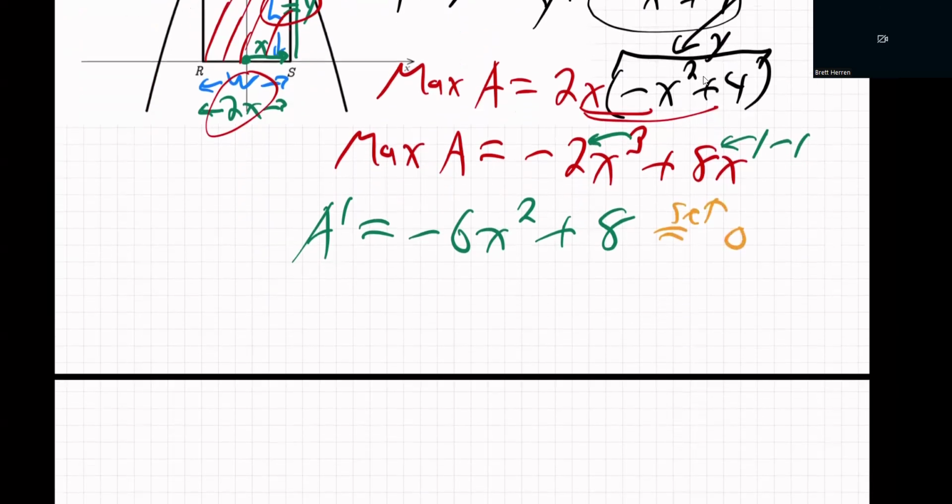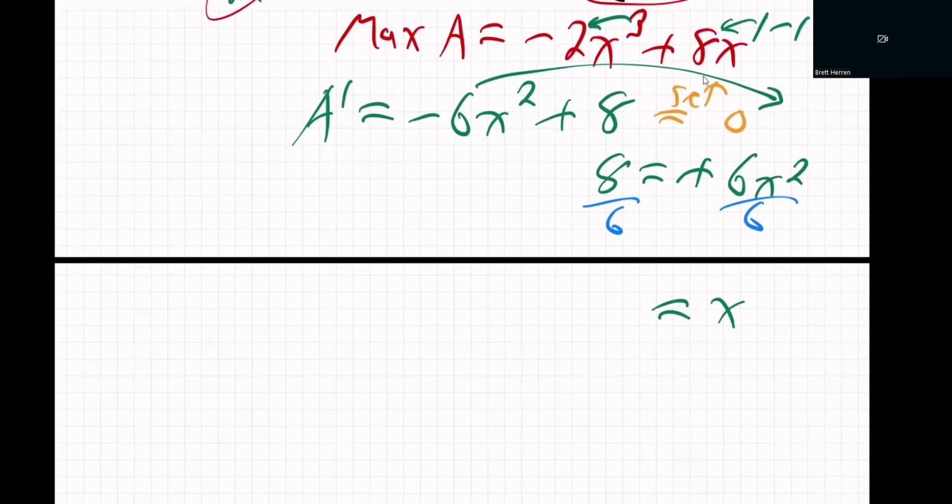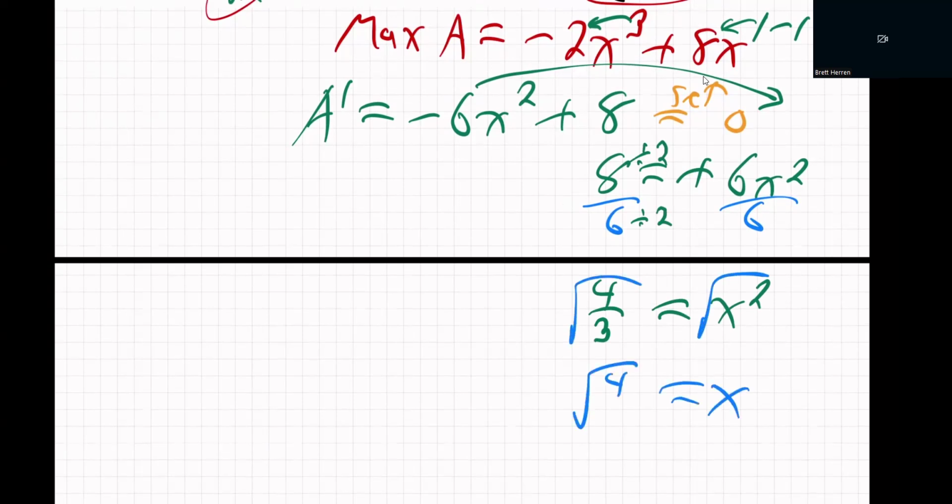So I'm going to jump this guy to the other side, and we get 8 is positive 6x squared. Divide by 6. We get x squared equals 8 sixths, and I'm going to reduce that to 4 thirds, divided by 2 top and bottom there. All right, root it. x is the square root of 4 thirds.